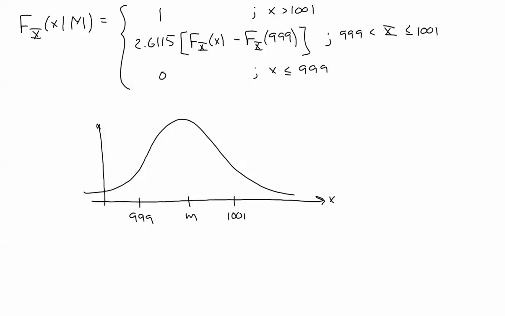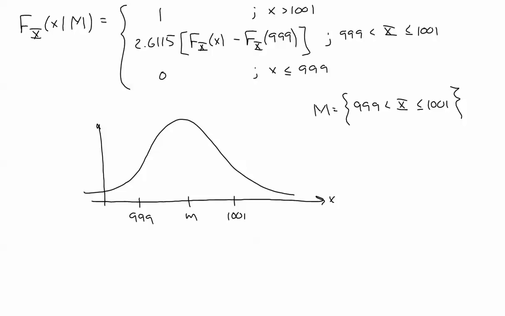Okay? All right. Now, my conditional event, let's write down what my conditional event is here. My conditional event is that my meter stick lengths are between 999 and 1001 millimeters.